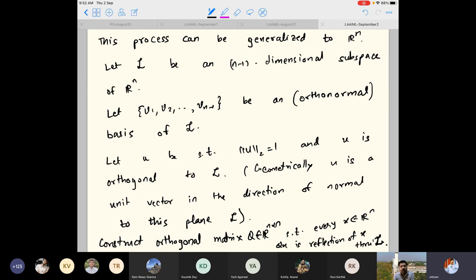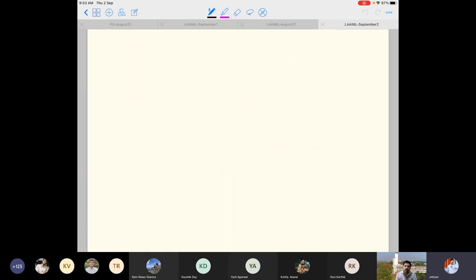Any other observation here? So now you will ask the question, like all these things are okay, but like rotators, are these reflectors also going to help us in introducing zeros in the vector or not? Okay, so our aim is to introduce zeros in a vector so that we can go to that triangular structure, right?